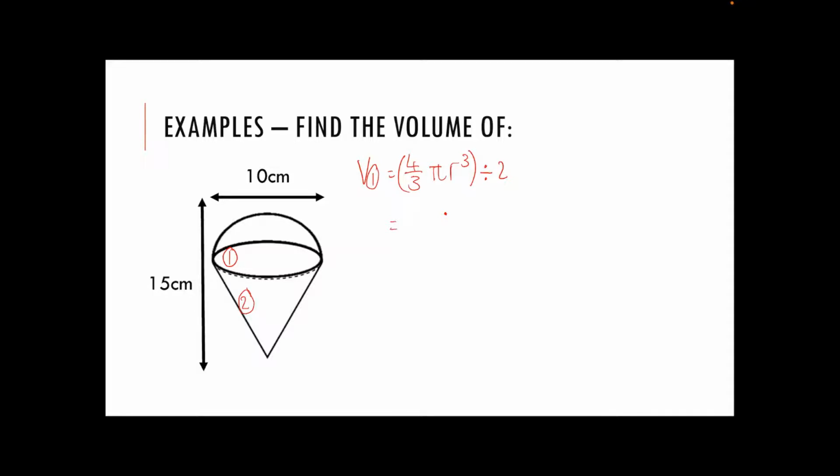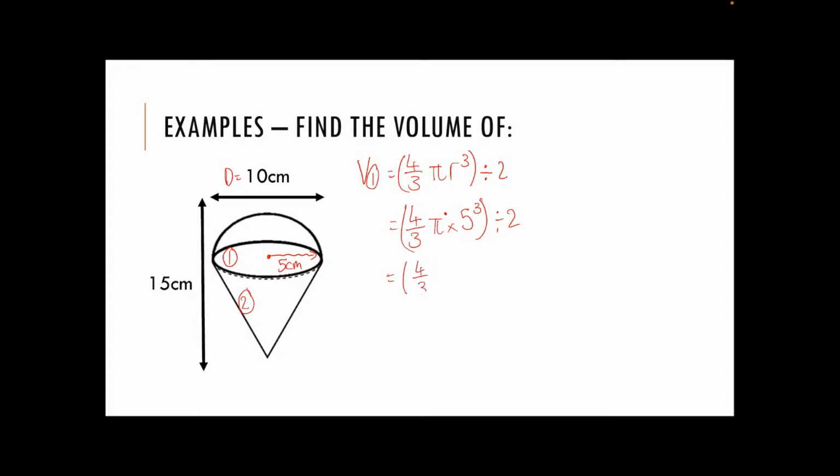Our problem is that we need our radius, and we have been given the diameter again. So we need to know that our radius is 5 centimetres. So we're going to have 4/3 times pi times 5 cubed, and then we'll divide that by 2 at the end.